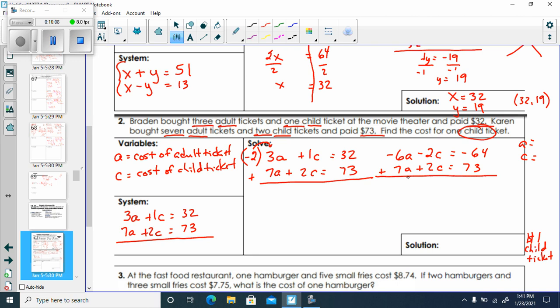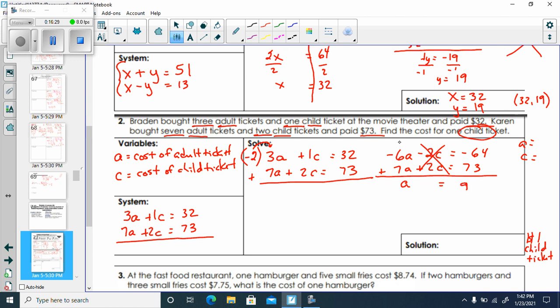Negative 6A plus 7A gives me 1A. Negative 2C plus 2C gives me 0. I have eliminated the C, the cost of the children's tickets. This gives me negative 64 plus 73, which is 9, okay? So an adult ticket costs $9.